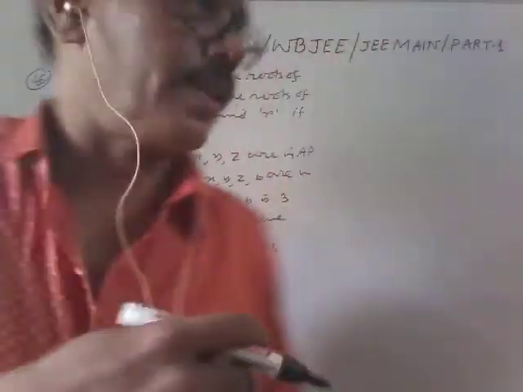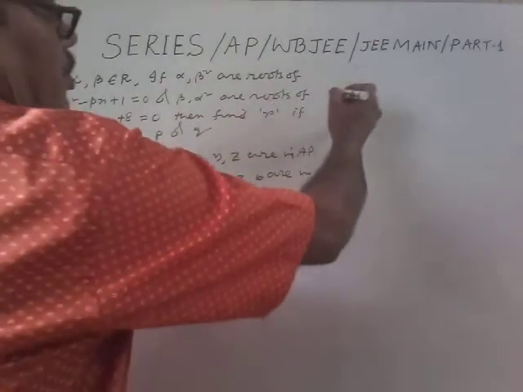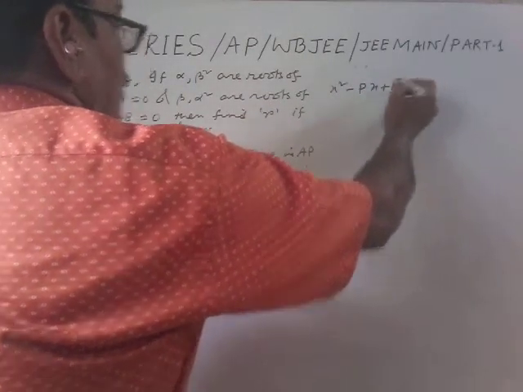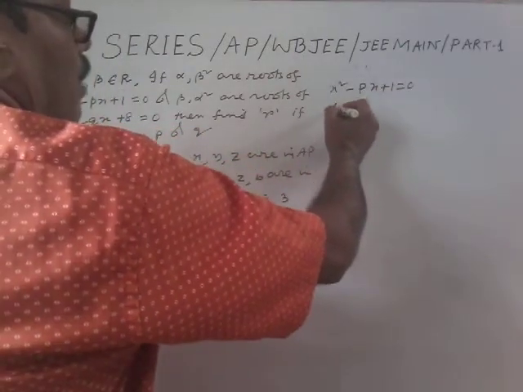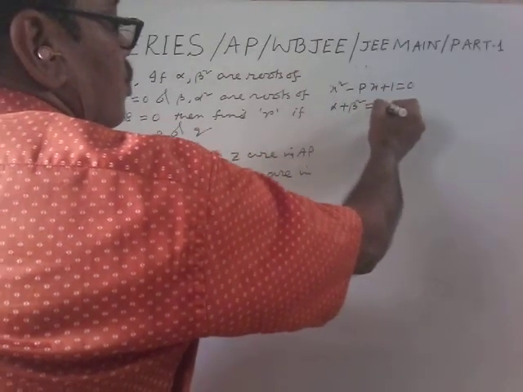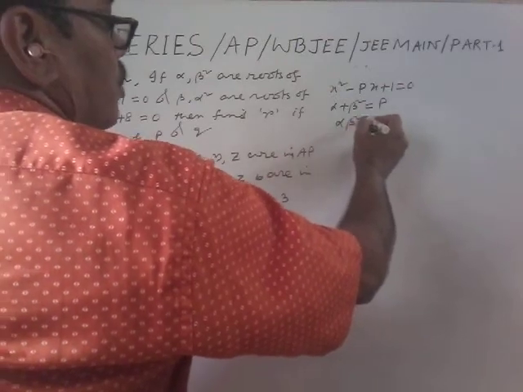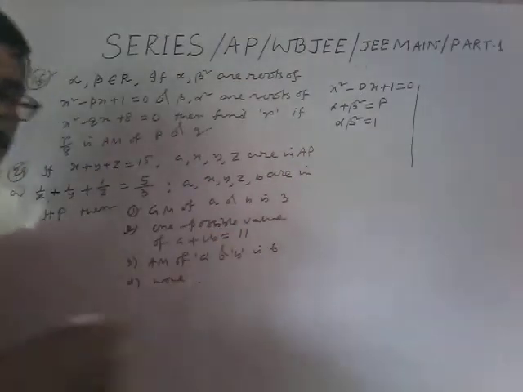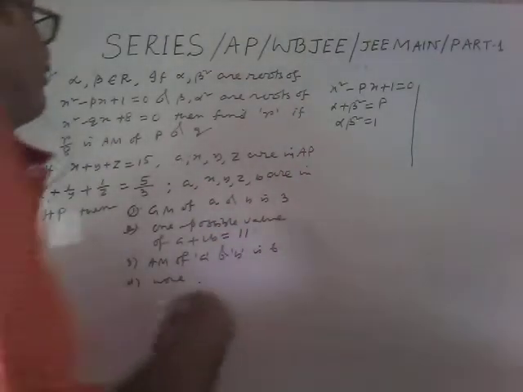So the equation is x square minus px plus 1 equals 0. So alpha plus beta square equals p and alpha beta square equals 1. So this is one condition.